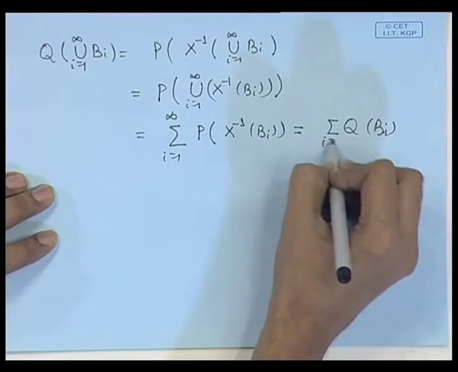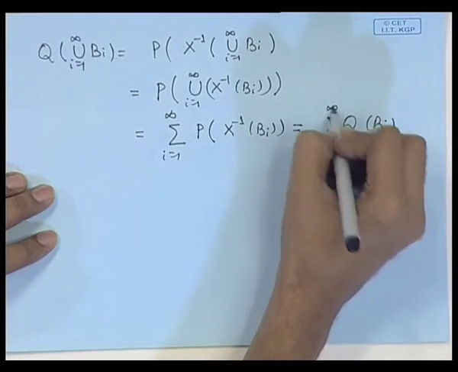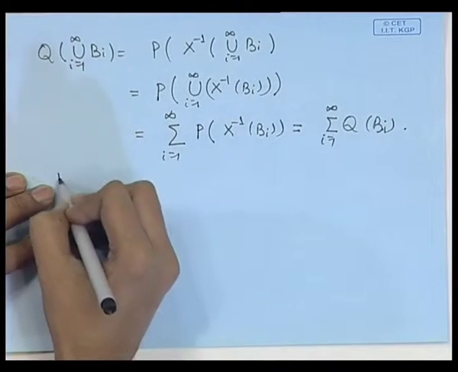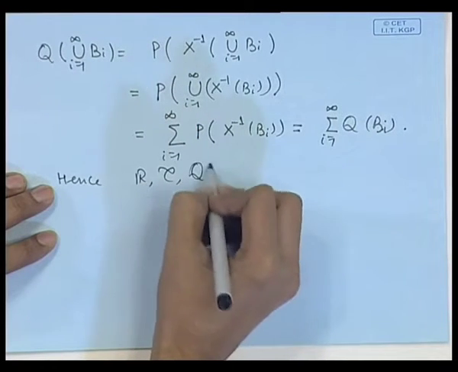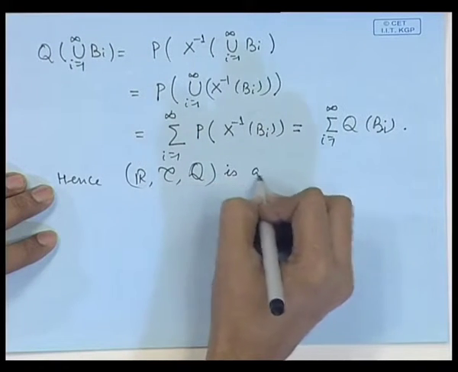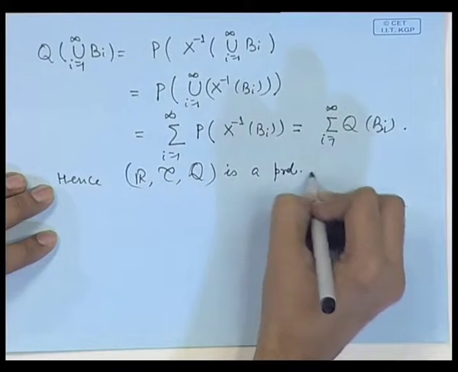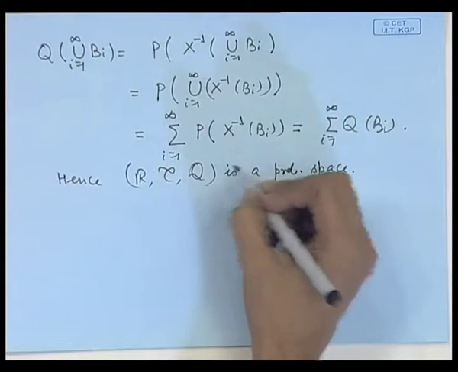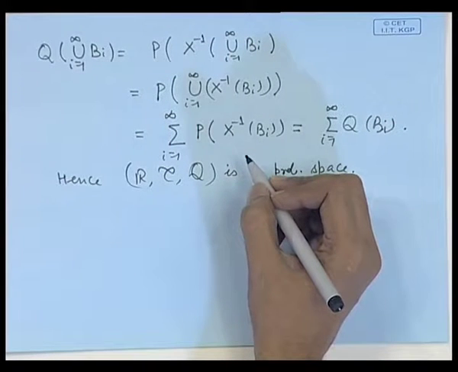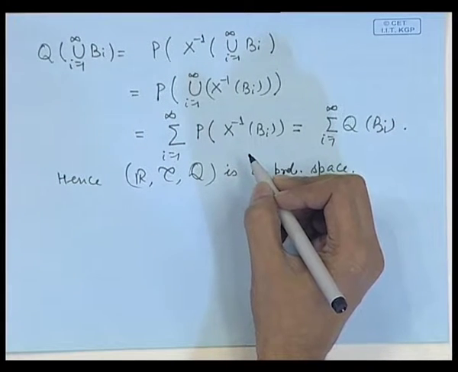So, all the three axioms are satisfied, and therefore, (R, C, Q) is a probability space. So, this Q is called the probability distribution of the random variable.